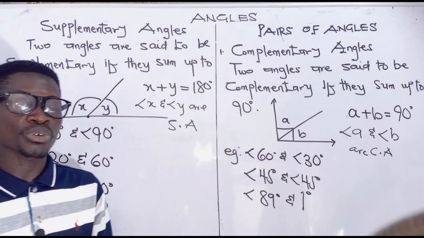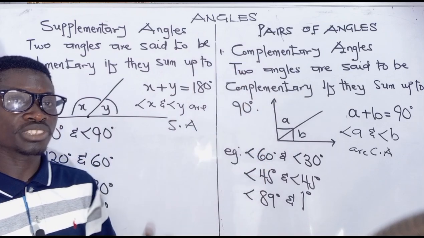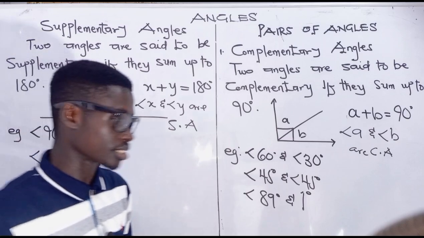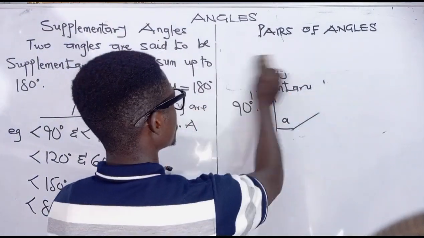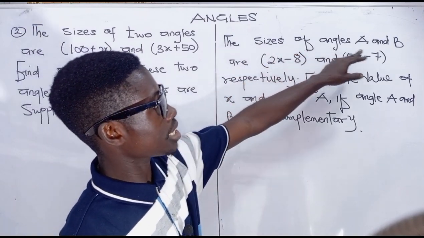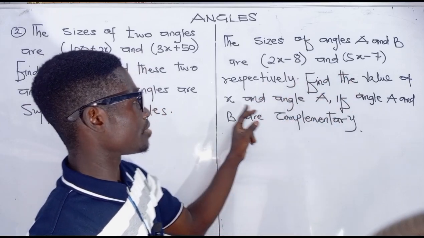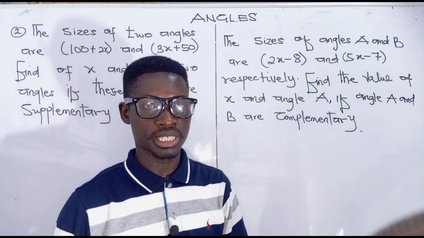Now let's look at how we can apply this concept of complementary and supplementary angles in solving questions on angles. So we have our first example. The sizes of angles A and B are given respectively. Find the value of x and angle A if angles A and B are complementary angles.